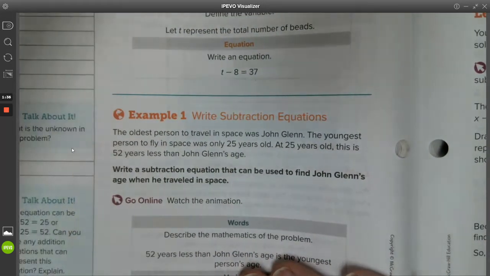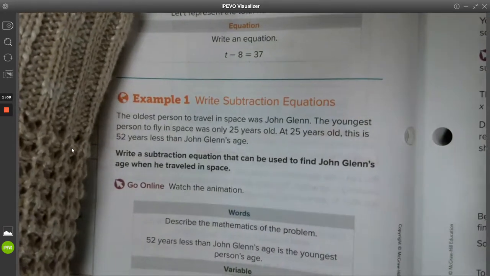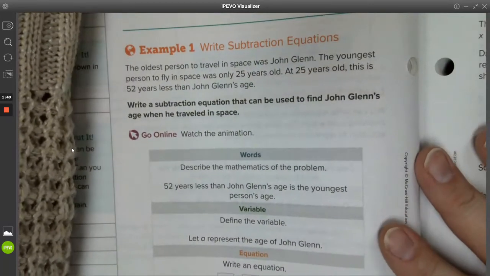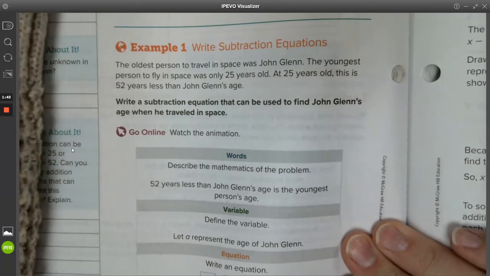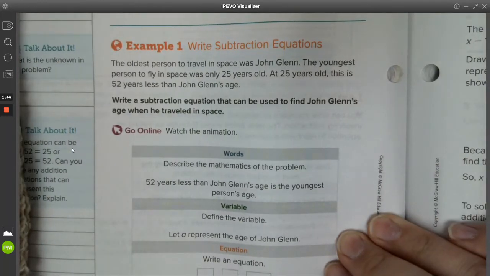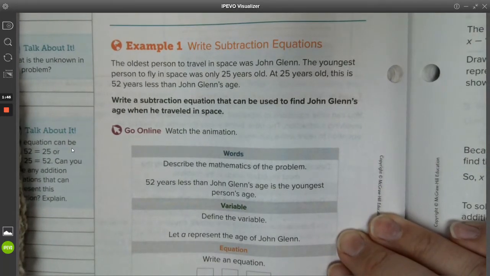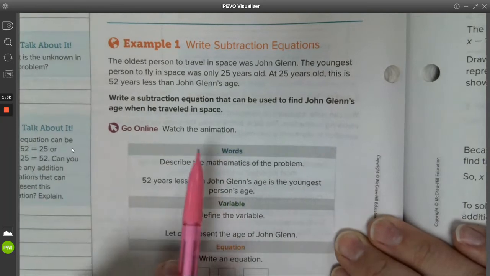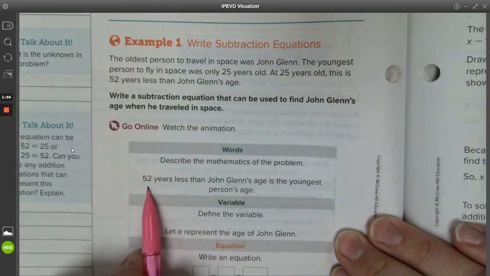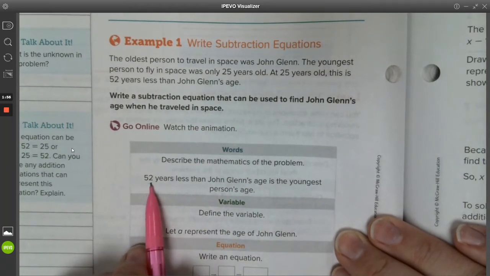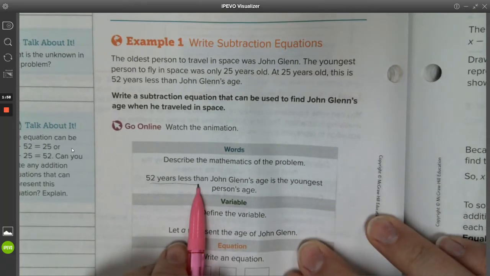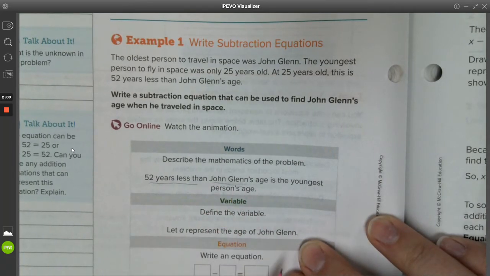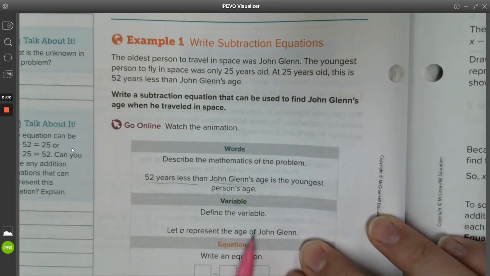So let's go ahead and try this with example 1. The oldest person to travel in space was John Glenn. The youngest person to fly in space was only 25 years old. At 25 years old, this is 52 years less than John Glenn's age. So we're going to write the equation here, picking out the important information. We know that 52 years less than John Glenn's age is the youngest person's age.